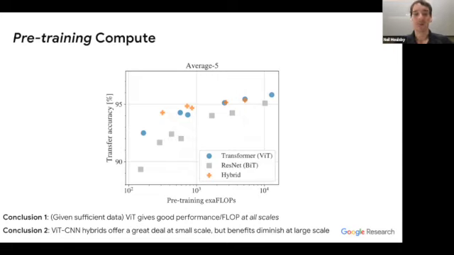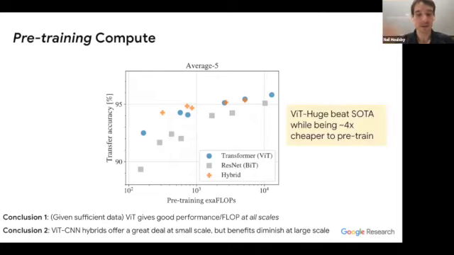And with the hybrid, it's interesting that at small scale, it gives a little bit of a boost, but at large scale, the value of having this CNN foot goes away, and it even hurts a little bit. So it was interesting to us that this result carried across a couple of orders of magnitude of pre-training cost. And so the outcome of that was, at the time, and now this is a few months old, the ViT-H model was the state of the art, while being quite a lot cheaper to pre-train than the CNN models that were state of the art at the time.